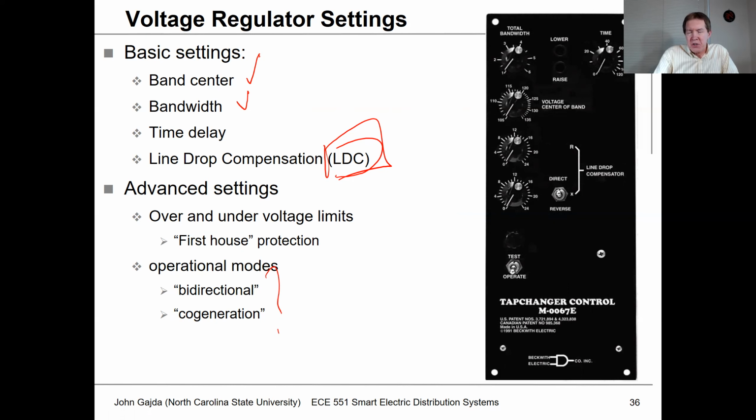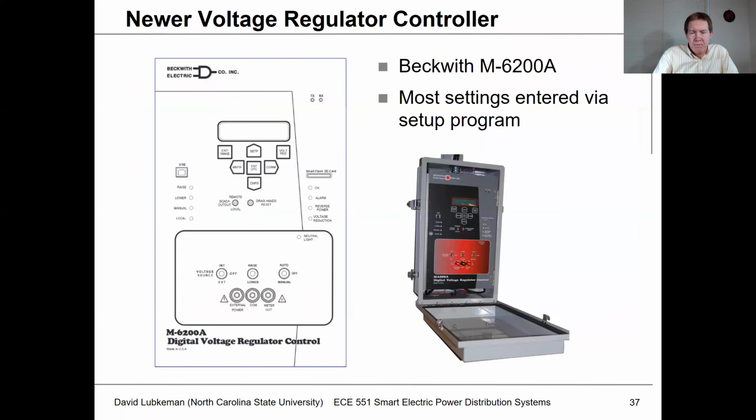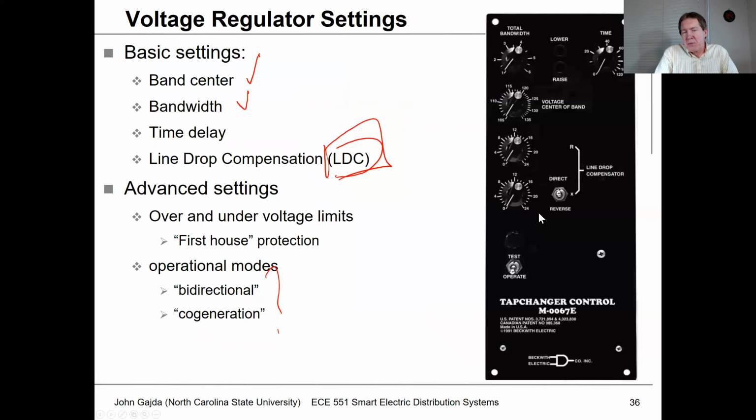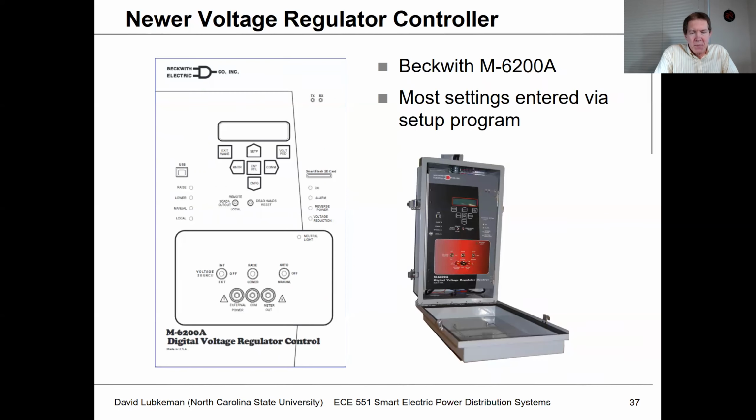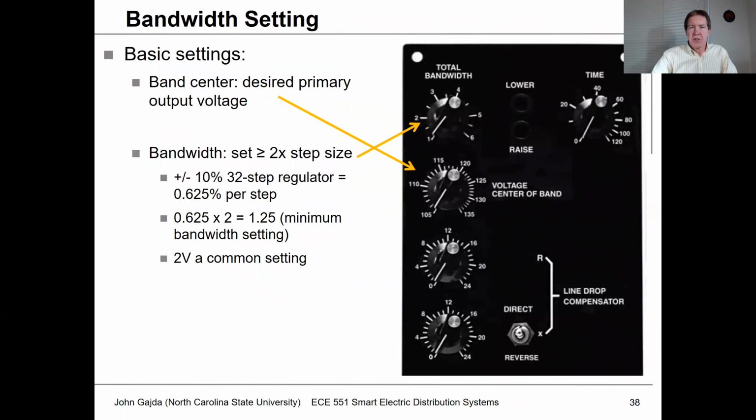Because if I look at one of the new digital controllers, say a newer Beckwith digital controller like an M6200A, this has an LCD display on it, and I could navigate through and punch in the values, but it's kind of hard for me to keep referring to the control options. So just realize that these controllers are actually going to look something like this, but from the standpoint of explaining the different controls, it's a little bit easier for me to talk in terms of the older analog controller. So anyway, what are the controls you could set?